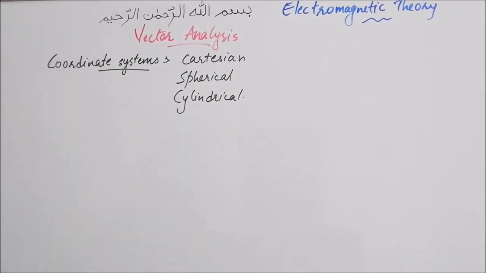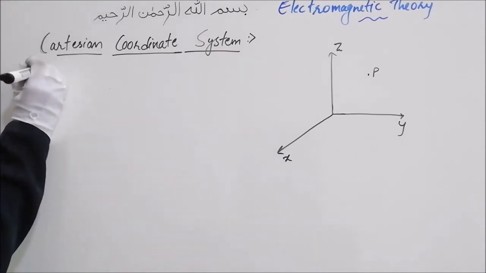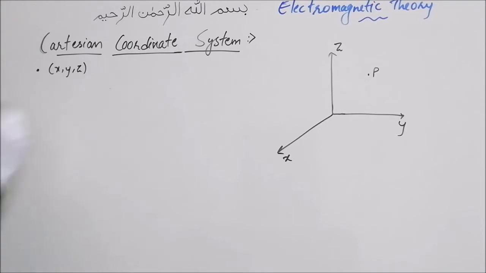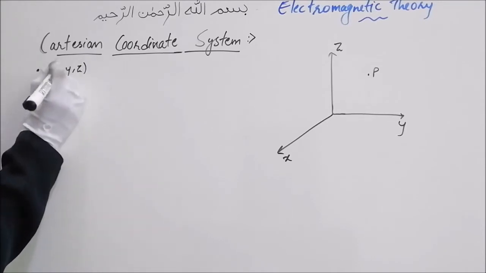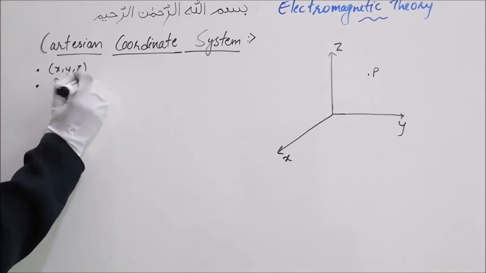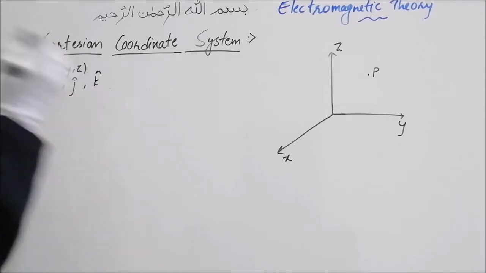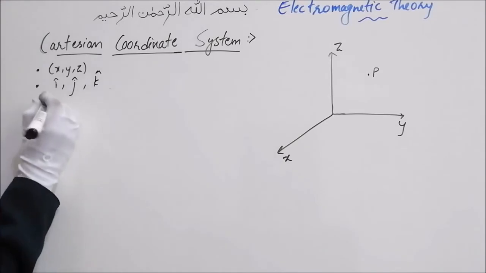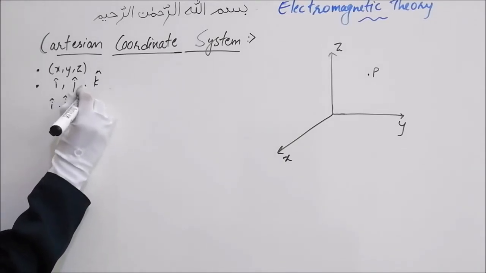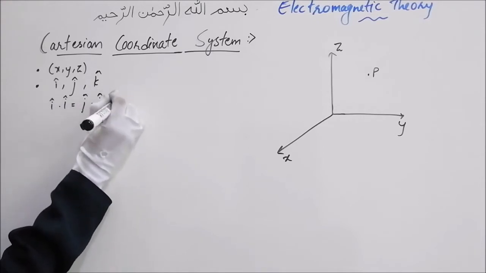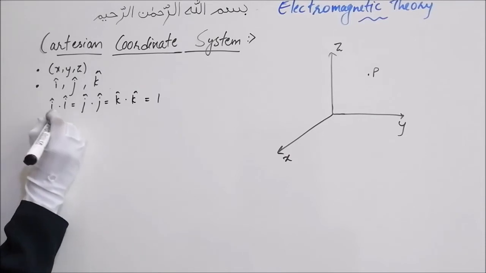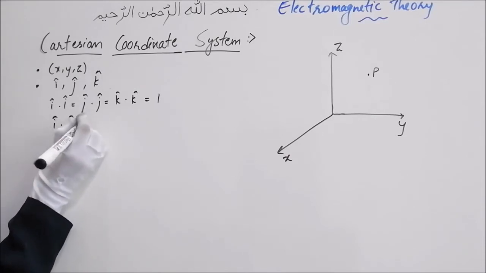Let's look into them. So a point P in this Cartesian coordinate system can be labeled as x, y and z. The unit vectors along the x direction will be i hat, along the y direction will be j hat, and along the z direction it will be k hat. So these things you already know. i dot i will be equal to j dot j will be equal to k dot k will be equal to 1, and i dot j will be equal to 0.